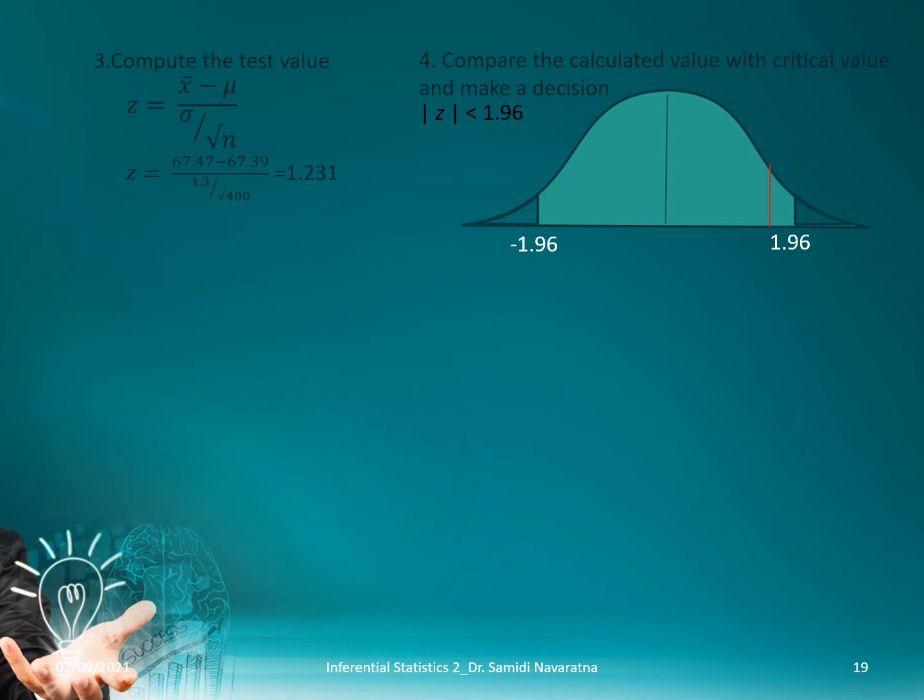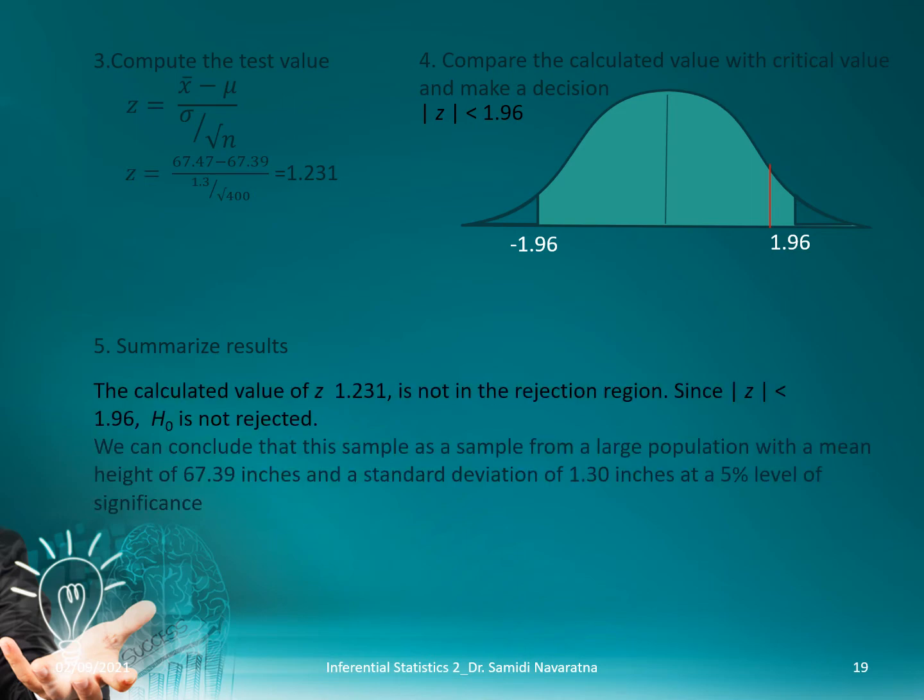So therefore, we can write the decision, the final conclusion, and make a summary like this. The calculated value of Z, which is 1.231, is not in the rejection region, that is the critical region, here and here.